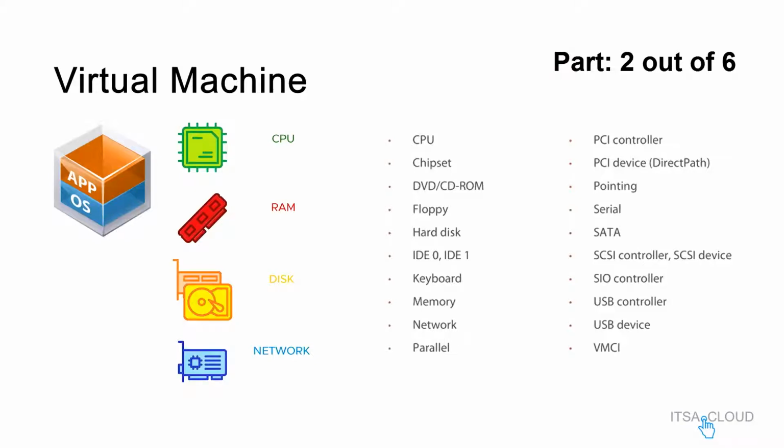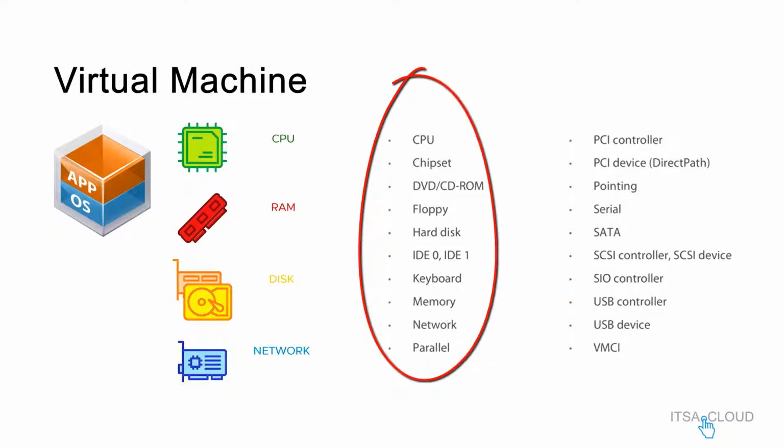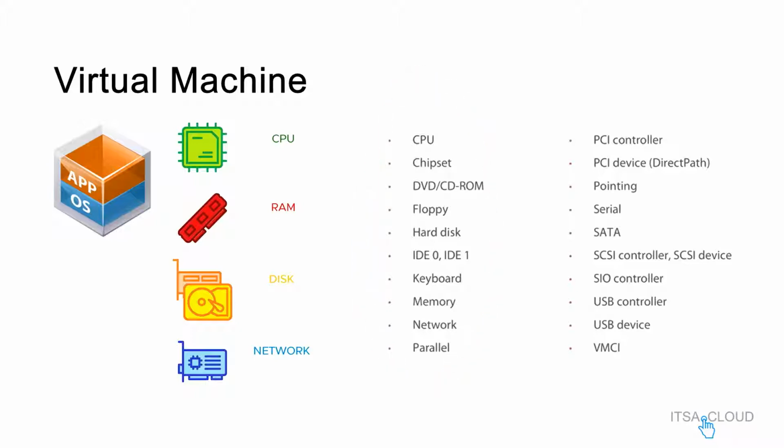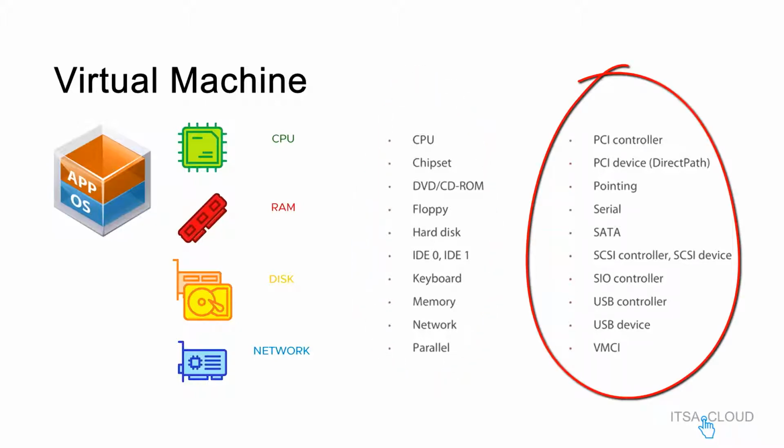A virtual machine is going to have the same hardware components as a physical machine, right? As you already know, a computer has CPU, chipset, DVD, floppy, hard drive, IDE, keyboard, memory, network, parallel, PCI controllers, PCI device, pointing, serial, SATA, SCSI controller, SIO controller, USB controller, USB device, and VMCI, right?